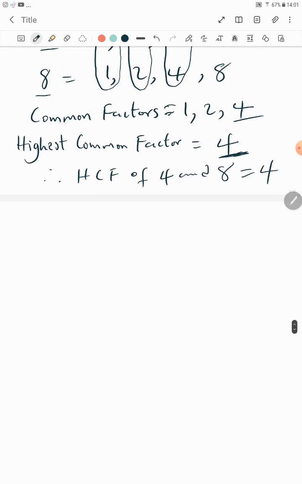So the same two approaches we used while discussing LCM are still very much applicable to HCF. The first one, I hope you still remember, is the one I call the tabular method.